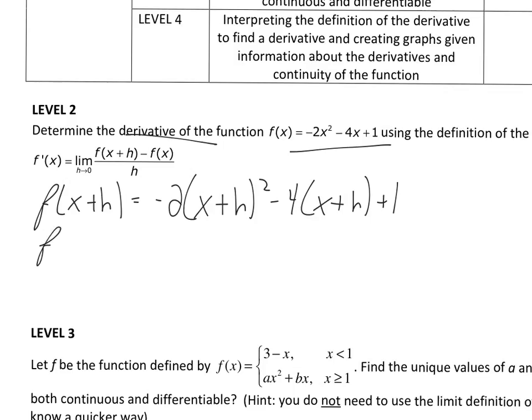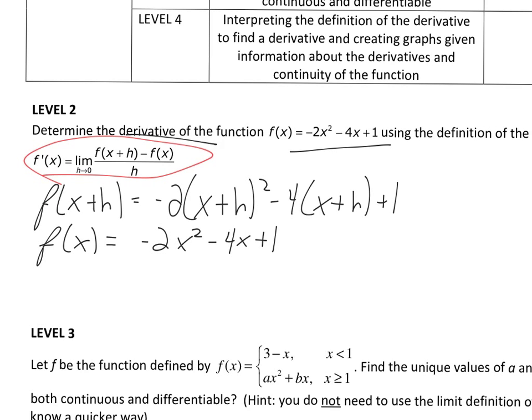Of course, f of x is just the original function. And then I'll do the necessary algebra in order to start using the actual definition. So I'm going to get the following now.